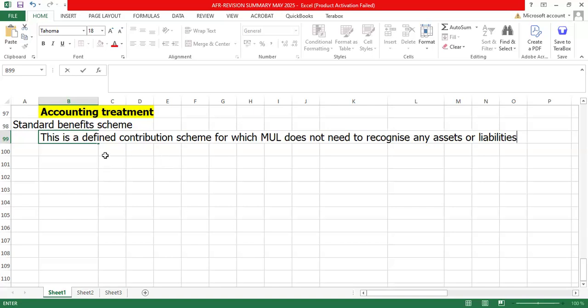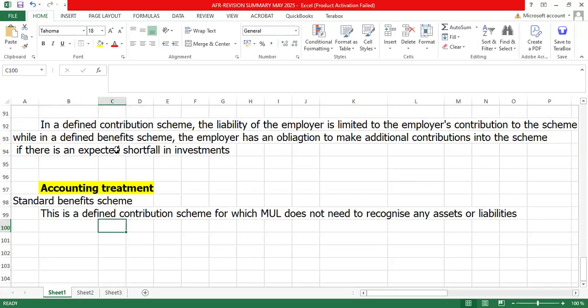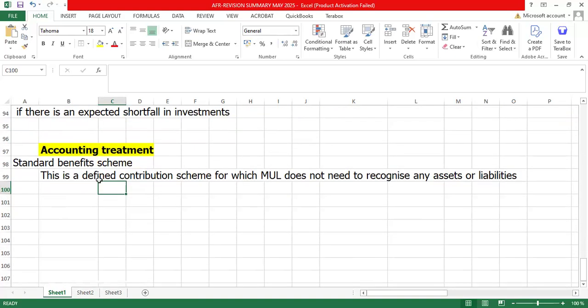Kindly, you note the difference. With the defined contribution scheme, you don't recognize any asset or liability. But with the defined benefit scheme, you recognize assets and liabilities. Now, if you don't recognize assets and liabilities, what are you recognizing?